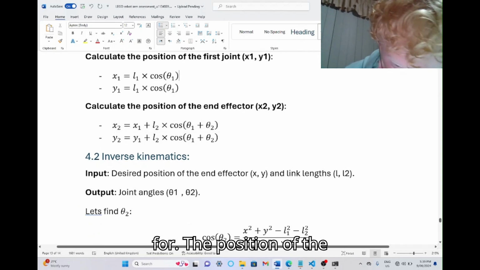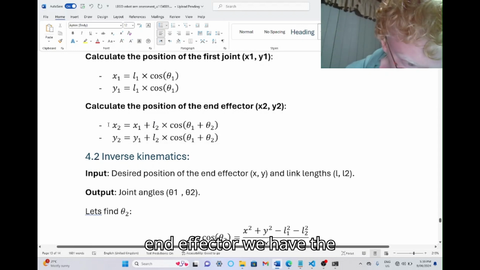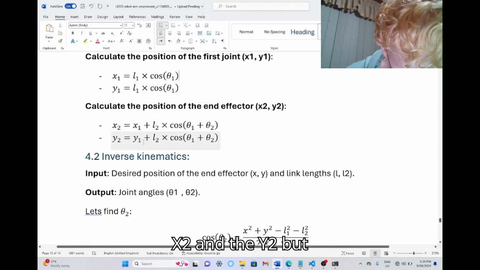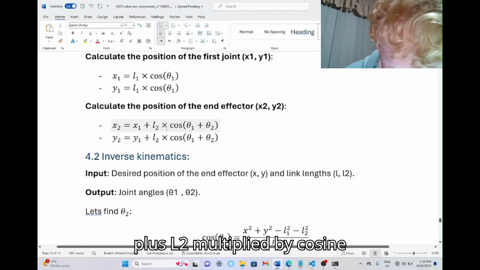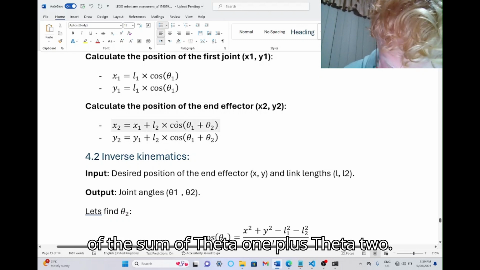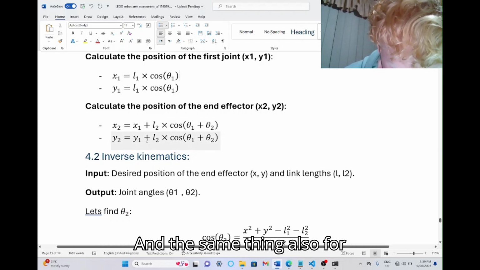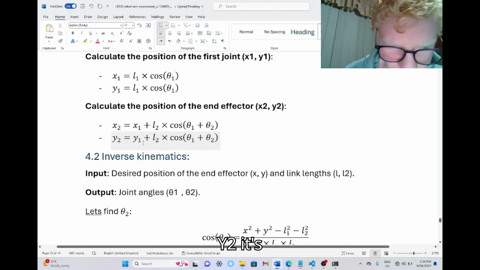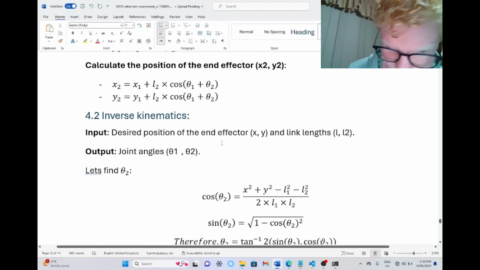For the position of the end effector, we have x2 and y2, equaling x1 and y1 plus L2 multiplied by cosine of the sum θ1 plus θ2, and the same thing also for y, with sine: L2 multiplied by sine of θ1 plus θ2.